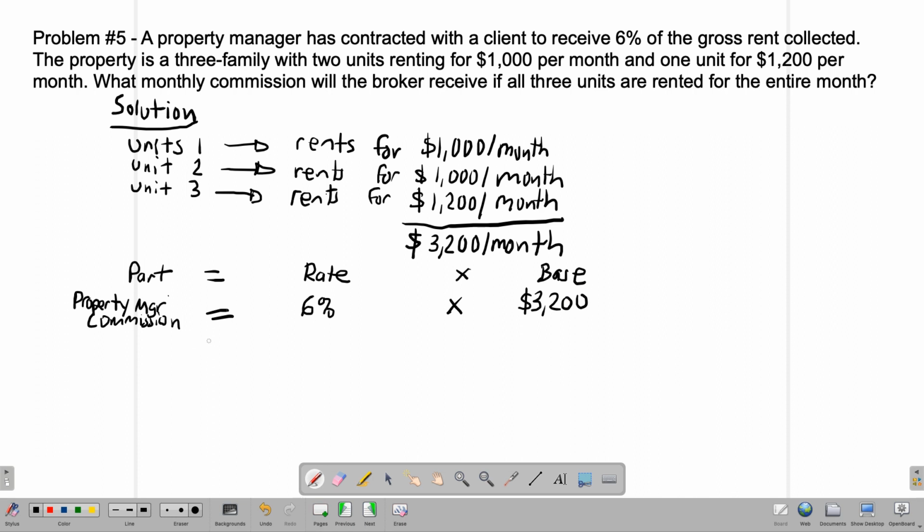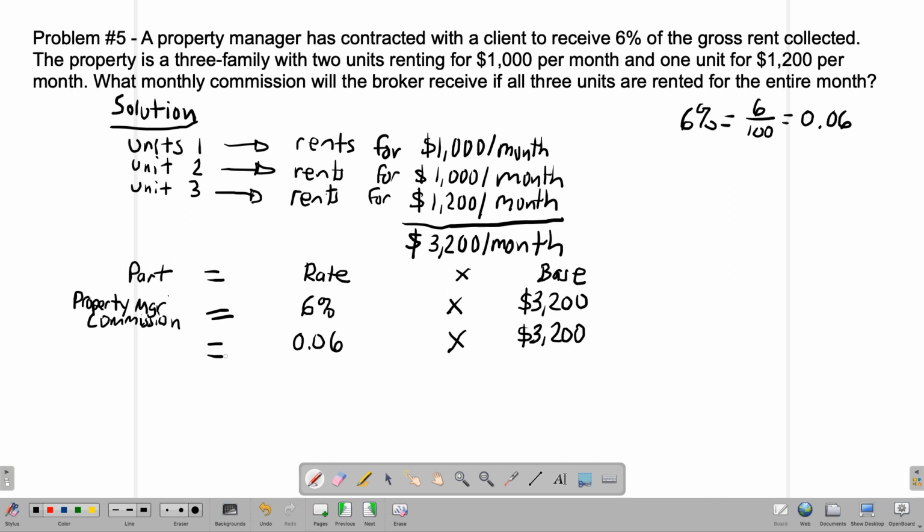Okay, so we want to take the 6% and convert. So the 6 divided by 100 is going to give us a value of 0.06. So we replace the 6% that's shown here with 0.06 and multiply by the 3,200 that they receive for the month.